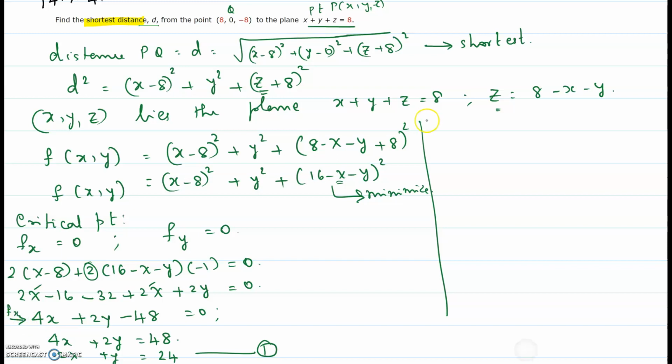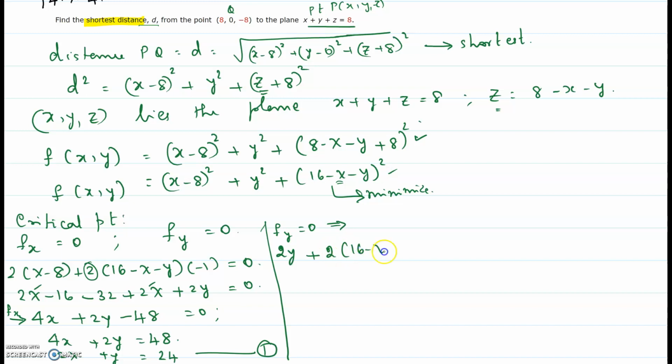So here we notice that the left hand side, this one, is f_x. Same way we will do f_y equal to 0. So f_y equal to 0 will imply 2 times y, since we are differentiating this function f(x, y) partially with respect to y, plus 2 times (16 - x - y), differentiating partially with respect to y, the coefficient negative 1, equal to 0.